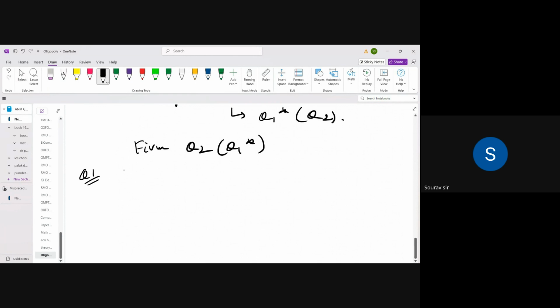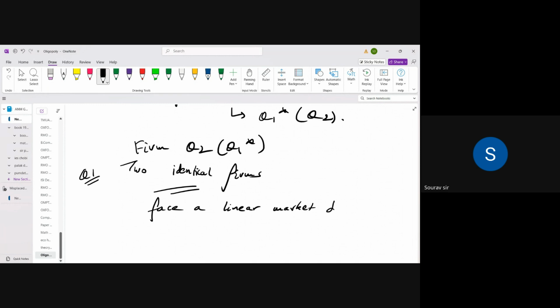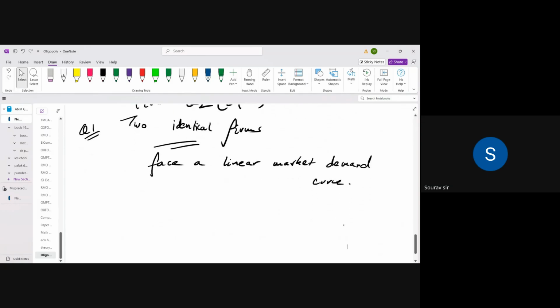So here, let's take two identical firms, and they face a linear market demand curve. Now this will help you to clarify the Cournot equilibrium.